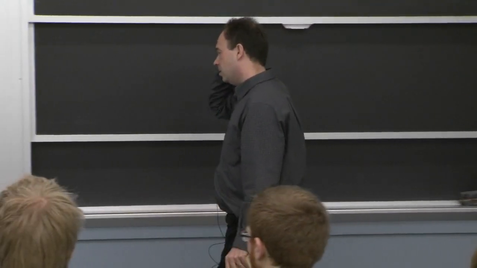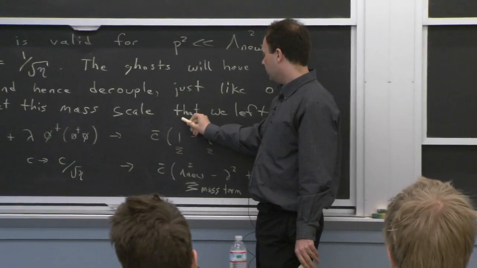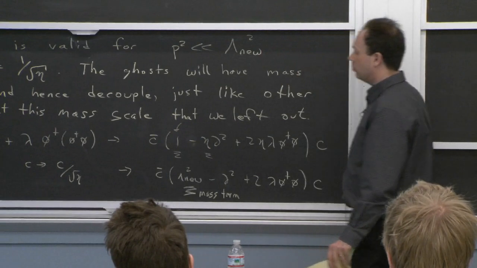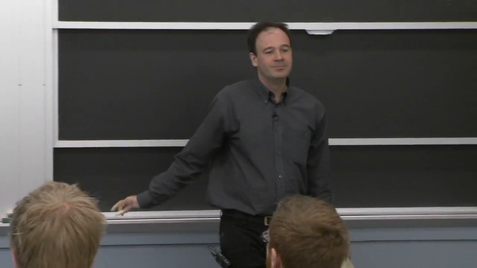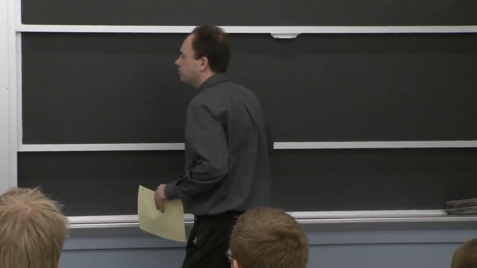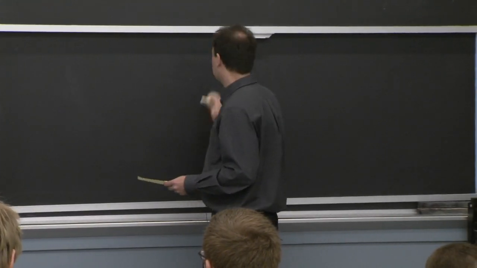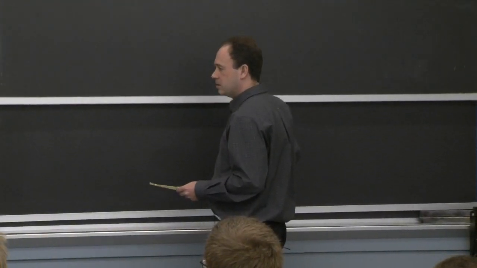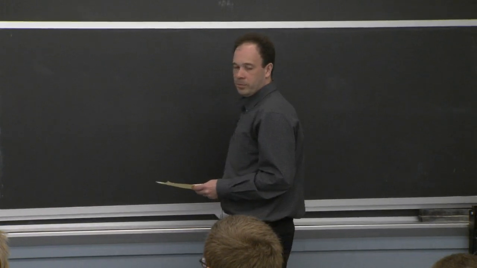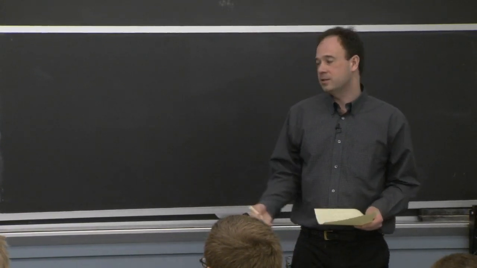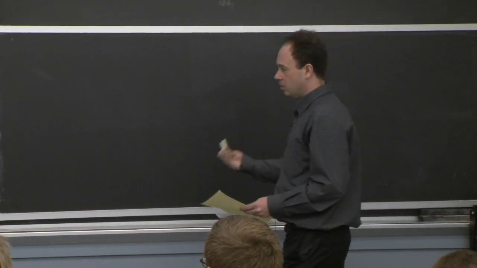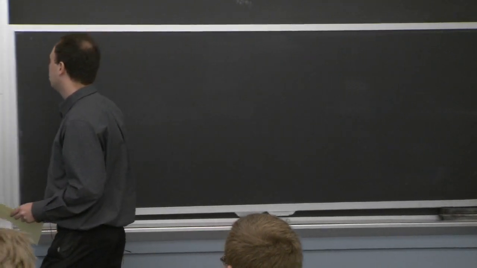So the important point here was that you did need this 1. This 1 was playing a very important role in this argument. If the 1 wasn't there, this wouldn't work. And that 1 was related to something that was part of one of our starting assumptions, that when we made the field redefinition, the 1 particle states would stay the same.